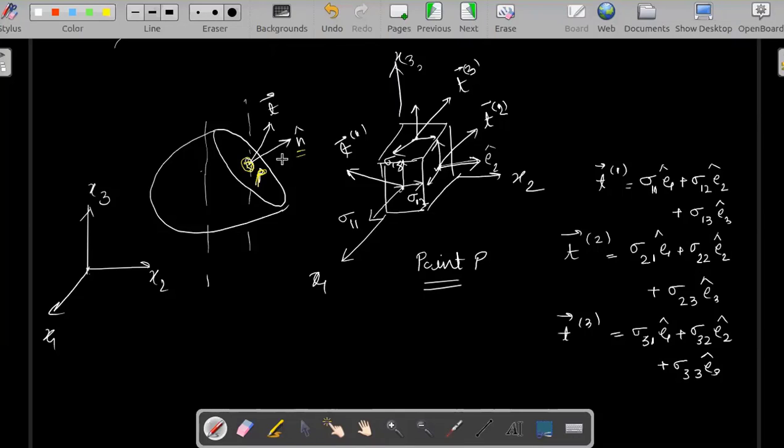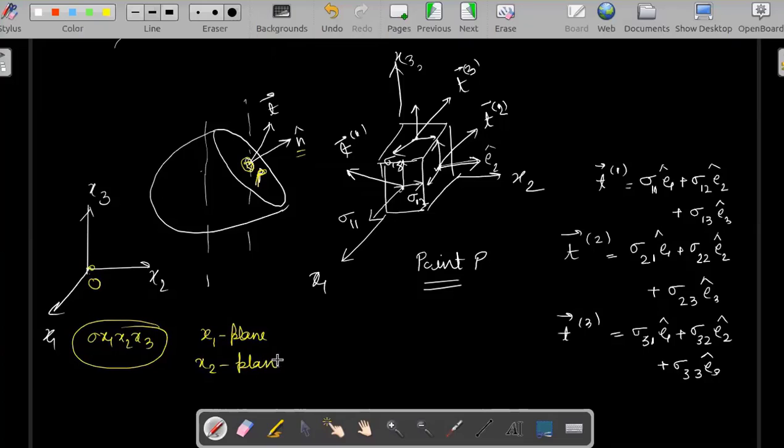So the best way is, we have considered a Cartesian coordinate system. This Cartesian coordinate system is OX1, X2, and X3. In this Cartesian coordinate system, we will have three independent planes, isn't it? X1 plane, X2 plane, and X3 plane.